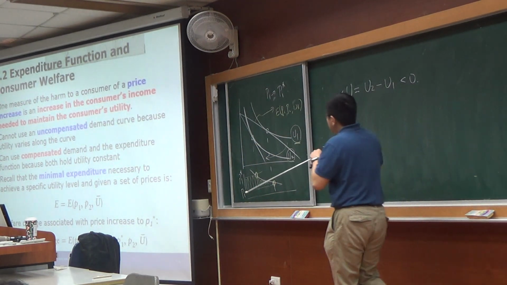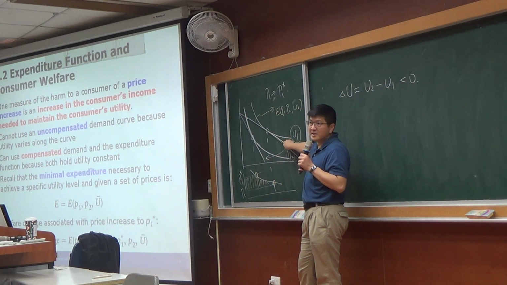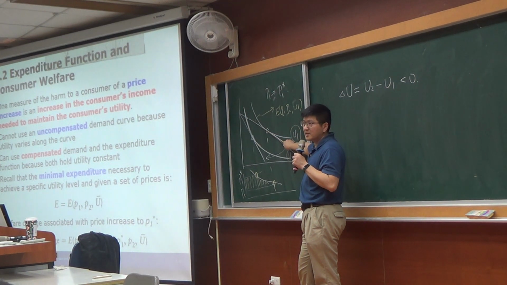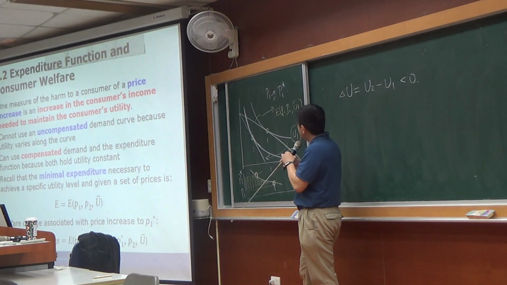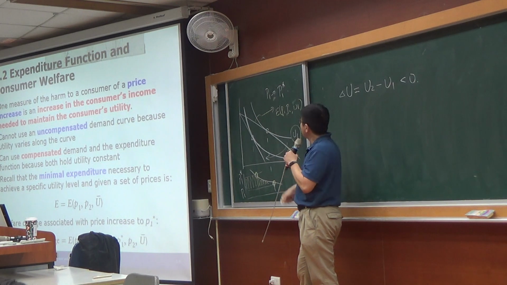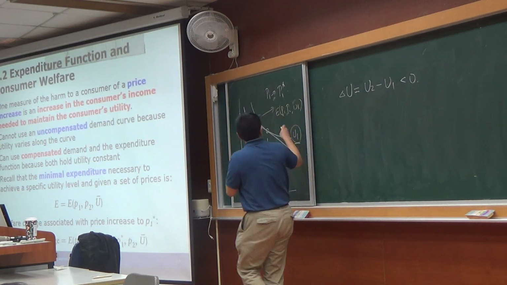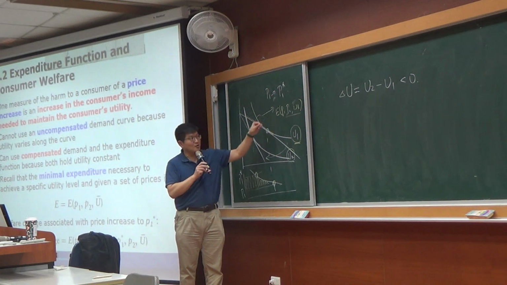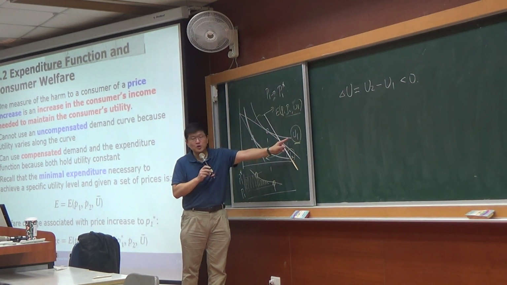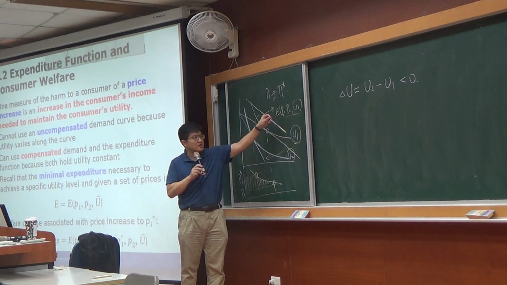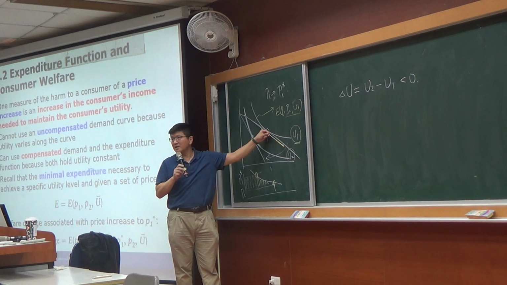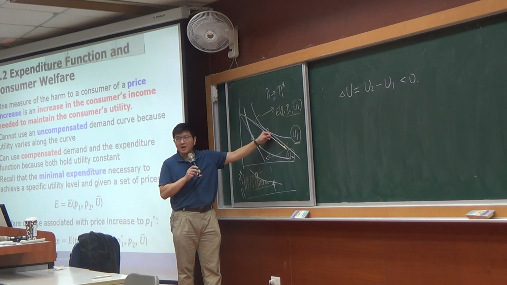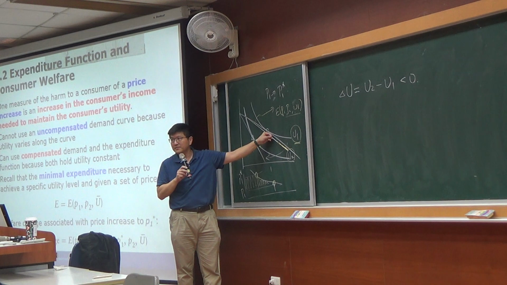This is the money amount for the budget line, the income of this budget line. It's actually Y equals Y. Any question here? Once again, you've got P1, P2, the relative prices, the slope, and we are required to achieve U1. So the minimum expenditure is E of P1, P2, and U1, which means the money amount behind this budget line.